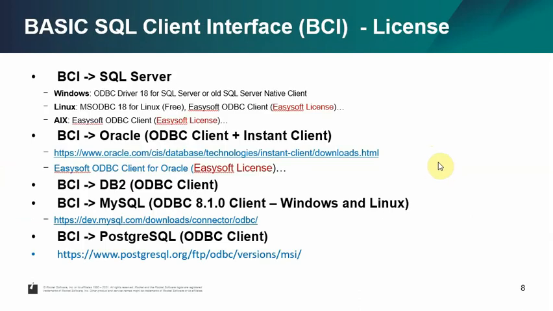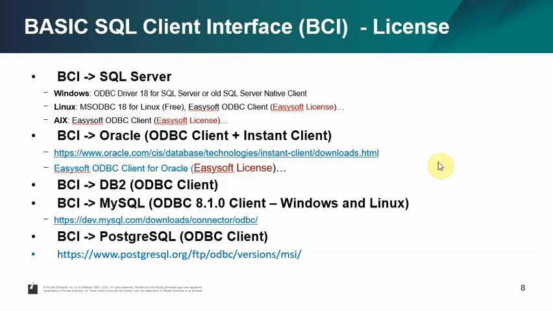So the license is almost the same as EDA, but a little bit different for BCI. BCI uses an ODBC connection only. So even if you try to connect to Oracle, you also need an ODBC client. If you try to connect to DB2, you also need an ODBC client.